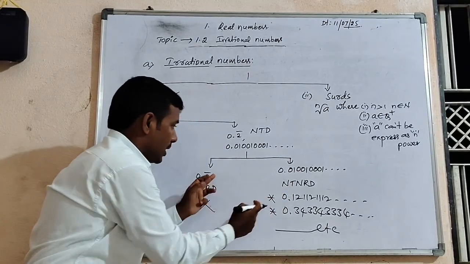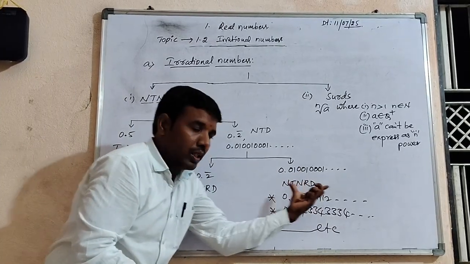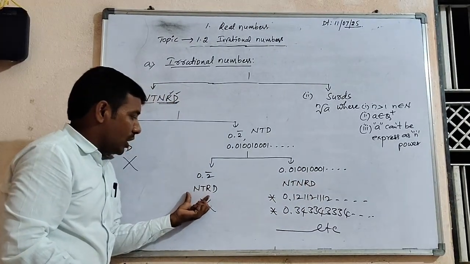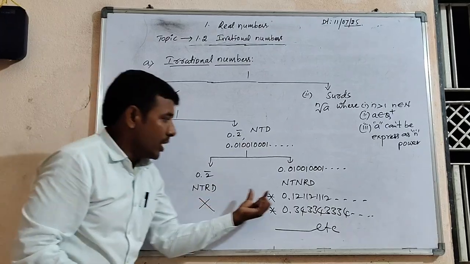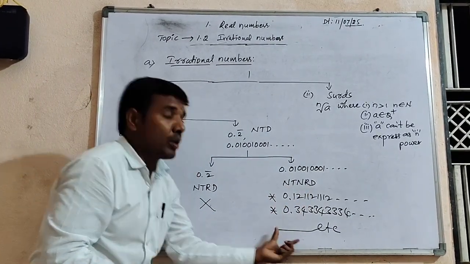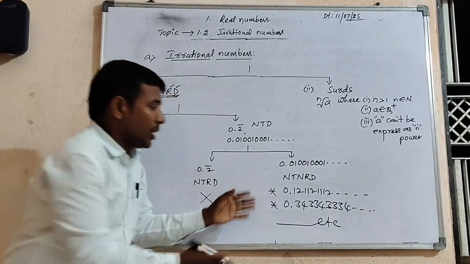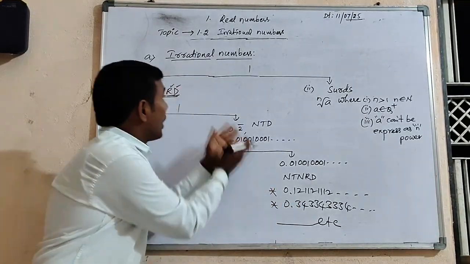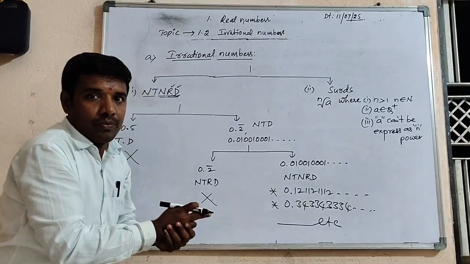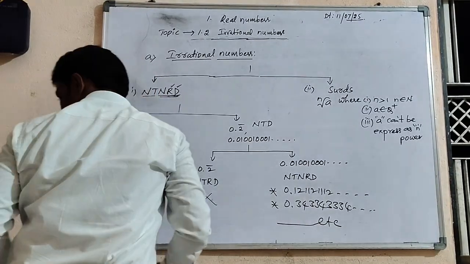Here repetition is going on, there is no repetition there. Based on that, the names are non-terminating repeating decimal and non-terminating non-repeating decimals. But my topic is non-terminating non-repeating decimals, so these are considered in my chapter. Understood now? Right.